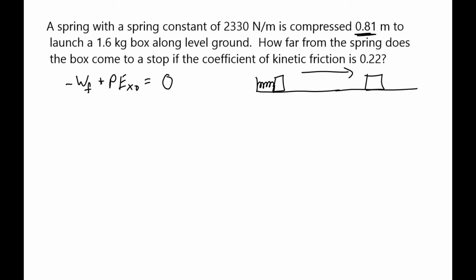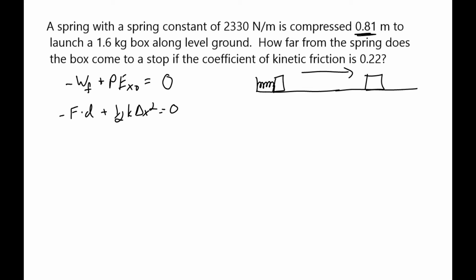Alright, so we've got negative force times distance plus 1/2 k delta x squared equals 0. We don't have the force of friction this time. But how can we find the force of friction? Yeah, Fn mu, and it's on flat, so what's Fn going to equal? mg.